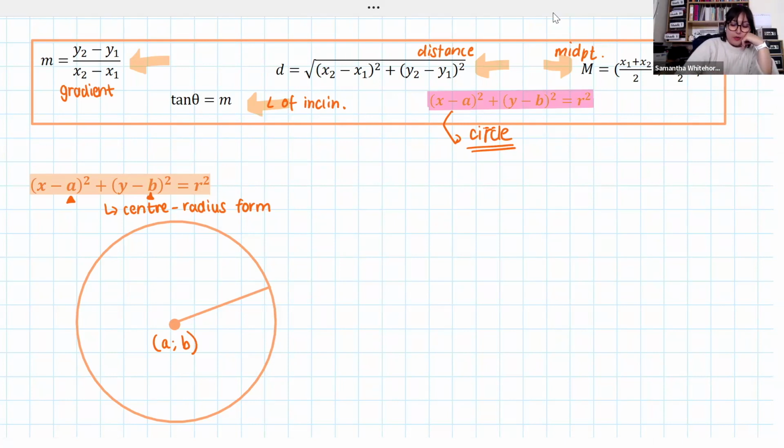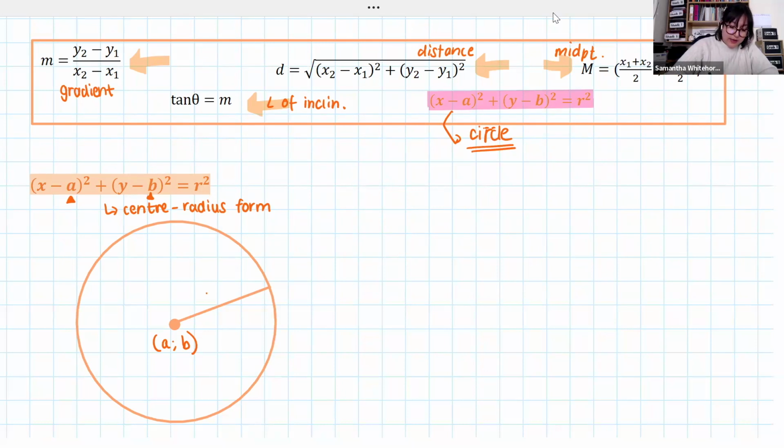So if, for example, your bracket was x minus 1 squared plus y plus 2 squared, your center uses the opposite sign. So the center x coordinate would be positive 1 and the y coordinate would be negative 2. Like I say, it's counterintuitive. You use the opposite sign when you write down your coordinate, and you can see there that I've written down positive A and positive B rather than negative A and negative B.